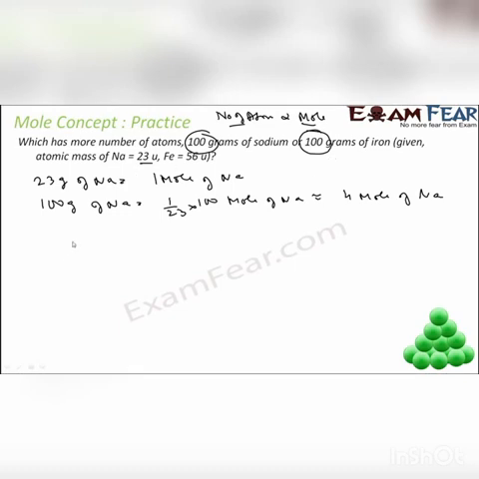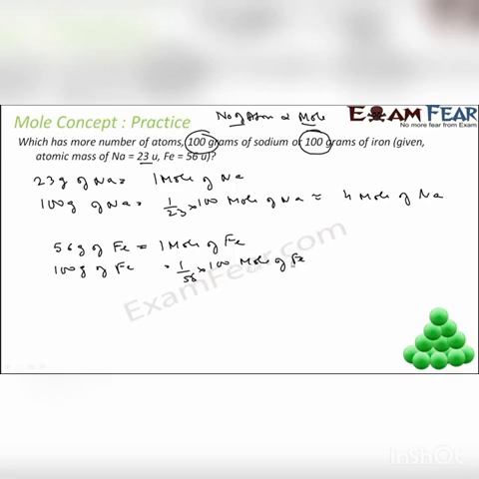Let's find the moles of iron. Iron is 56. 56 gram of iron implies 1 mole of iron. So 100 gram of iron will imply 1 by 56 into 100 mole of iron, and that is almost equal to 2 mole of iron.